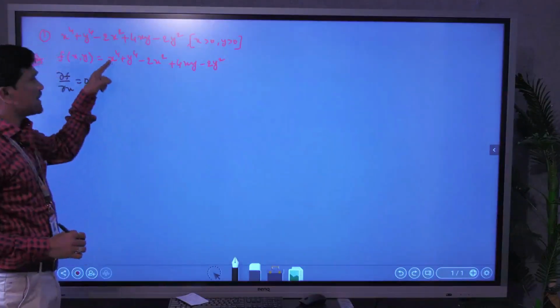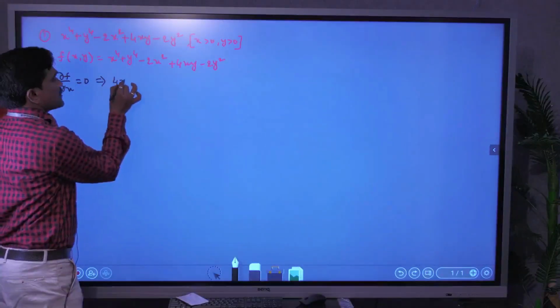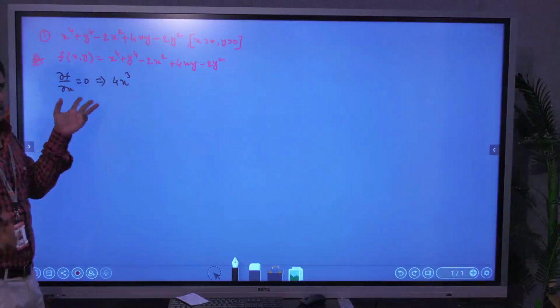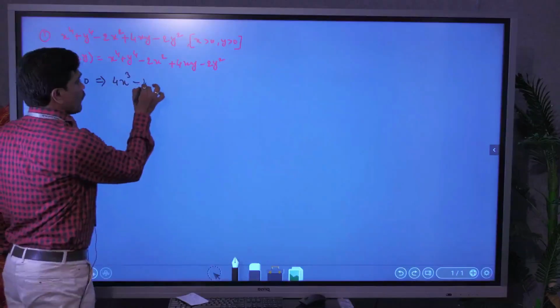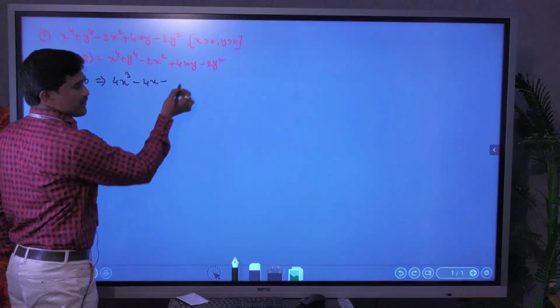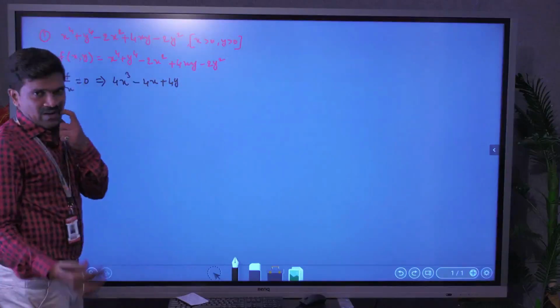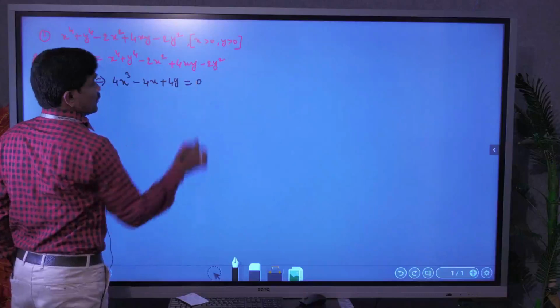So with respect to x, what is the derivative of x power 4? It is 4x cube, plus y power 4 with respect to x, clearly 0, minus 2x square gives 4x, plus 4xy with respect to x gives 4y, minus 2y square with respect to x is clearly 0. Then equate to 0.